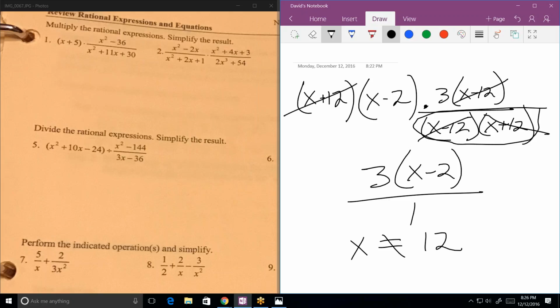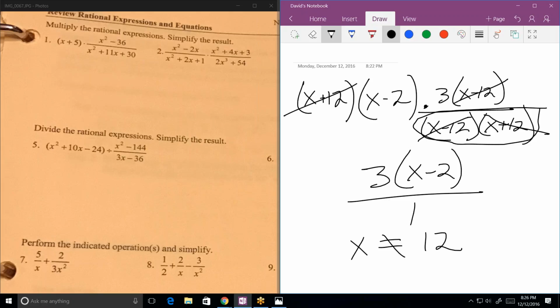It was only when I flipped it that the x squared minus 144 became a denominator. But that does not affect the domain. In other words, that's just a tool to do division. It's not the exact same thing. I can't flip that, make it multiplication, and say it's exactly the same problem.